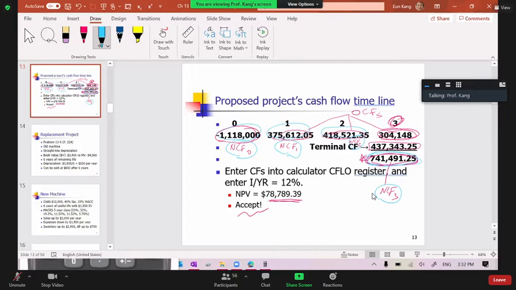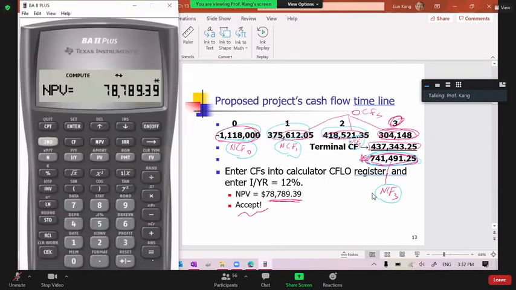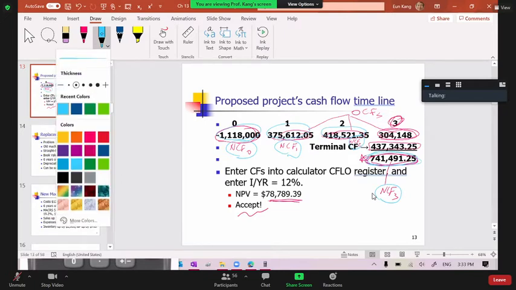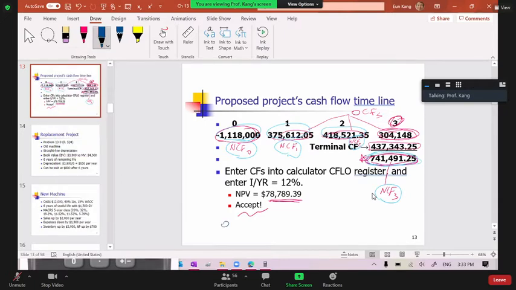Any other question? Do you mind going over that just one more time on the calculator? Oh, sure. So let me just write it down one more time. Year 0 is what?